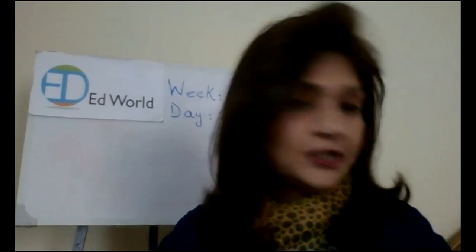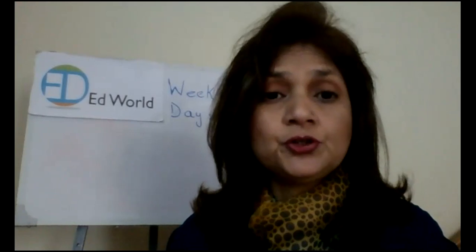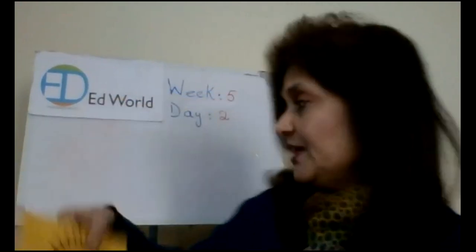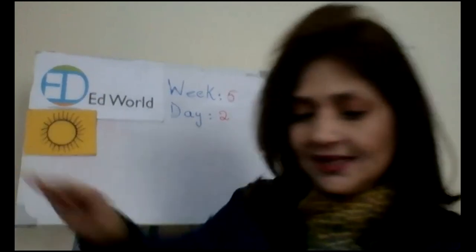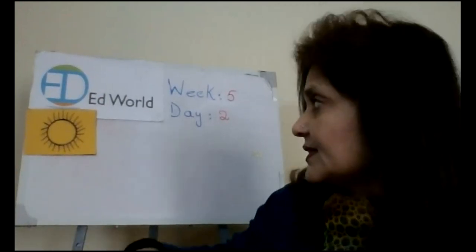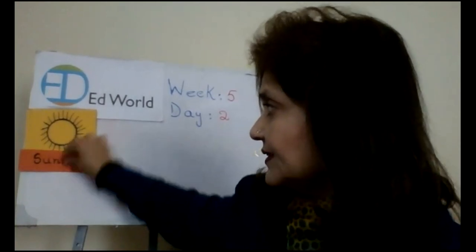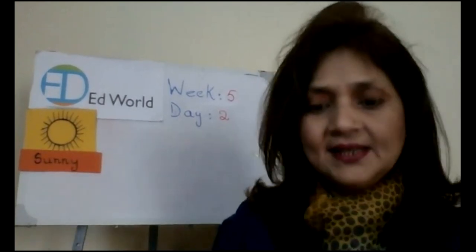Okay, so that means that you know the different symbols. Now I'm going to show you some flashcards in which the symbols are drawn. Which symbol do you think is this? It's very easy. It's the sunny weather. Correct. See, it is sunny weather.